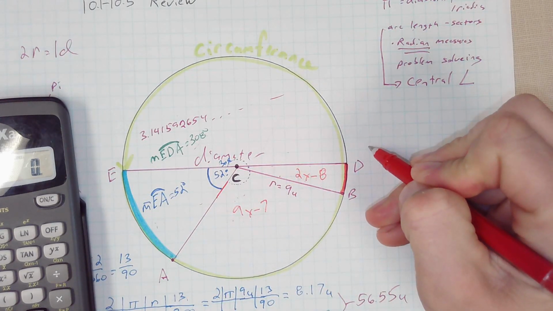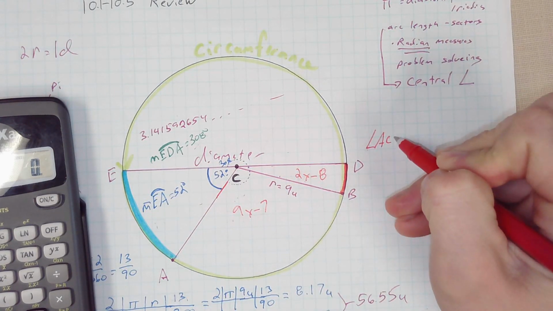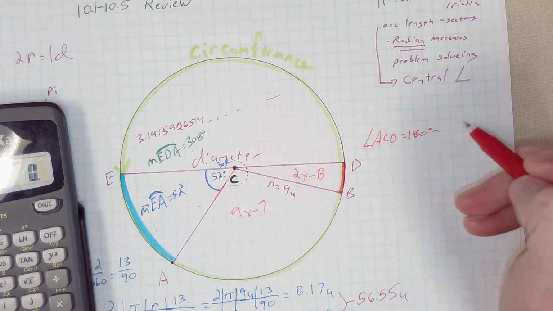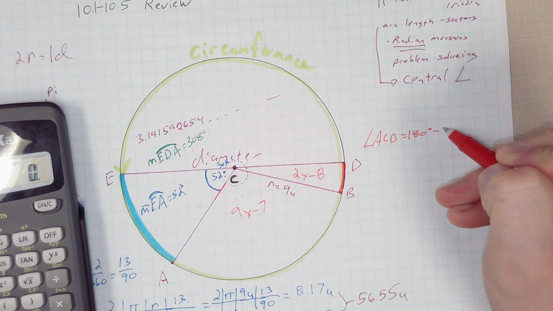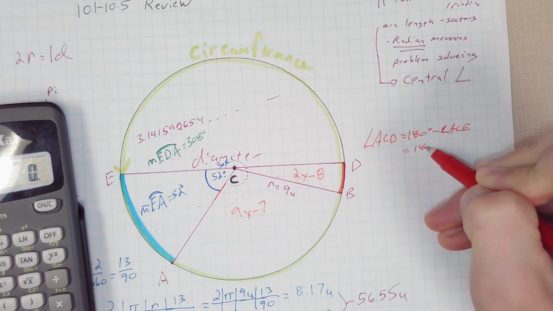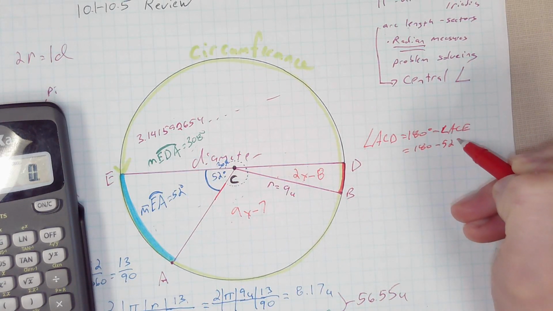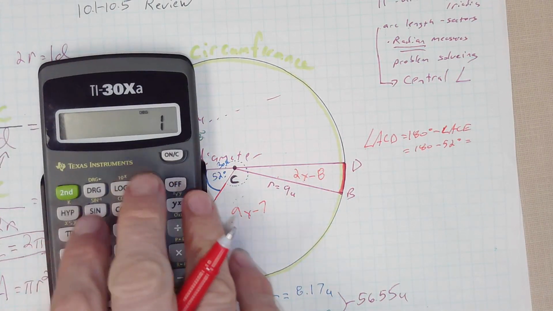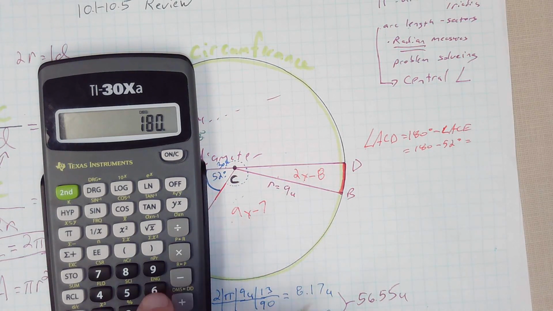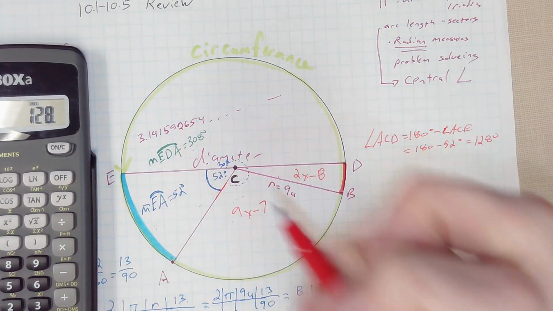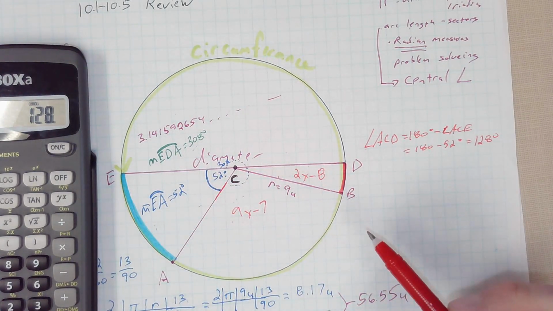Angle ACD equals 180 degrees minus angle ACE, which is 180 minus 52 degrees, equals 128 degrees. So this entire arc, the green and the red, is 128.